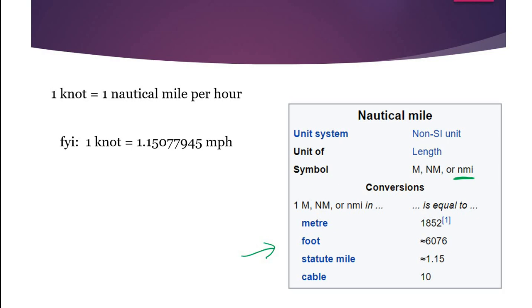You can also use those other symbols if you wanted. We're not going to have to convert, but if you're interested in the conversions, they're below. You're just going to label things as nautical miles. That's all. I did have to look up what that cable was. It's another nautical measurement, and it actually has a variation of conversions. It's not a set conversion.